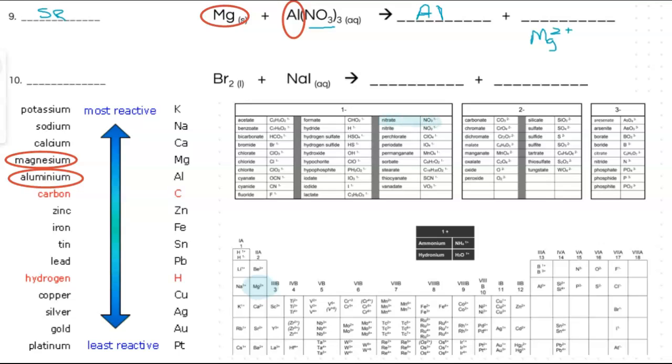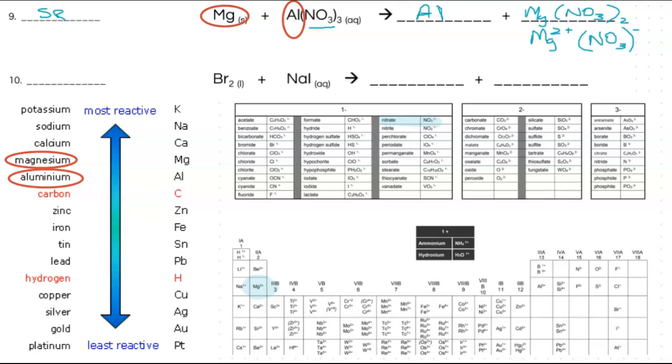And because he is written as NO3 in my box, he is written as NO3 here, and his charge is -1. So when I crisscross reduce, I wind up with Mg, NO3, and that 2 goes outside the parentheses.